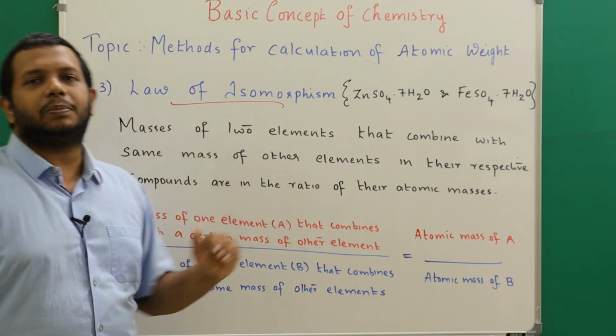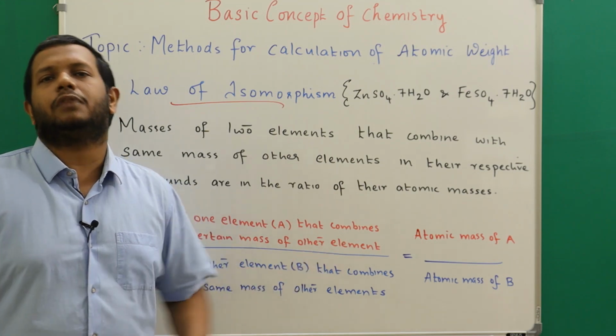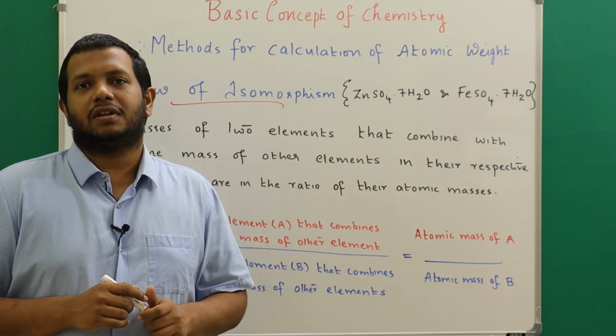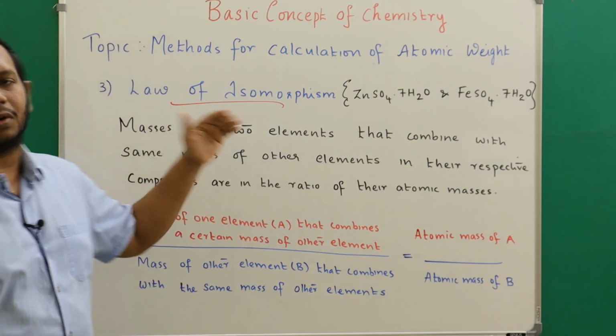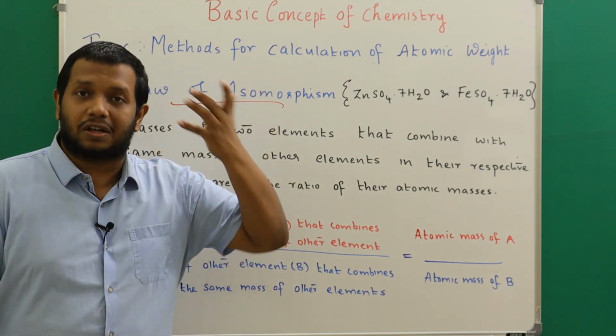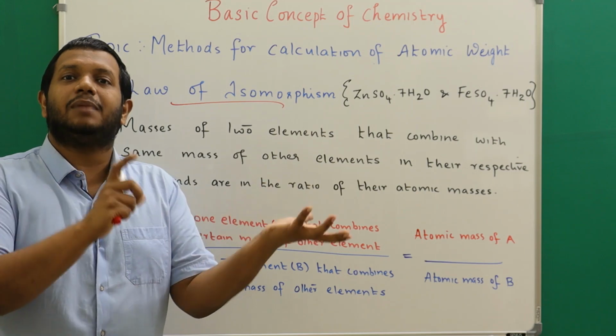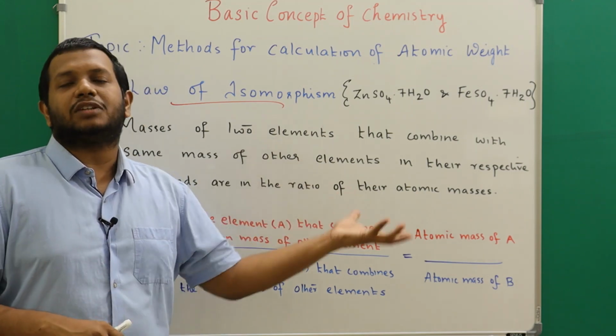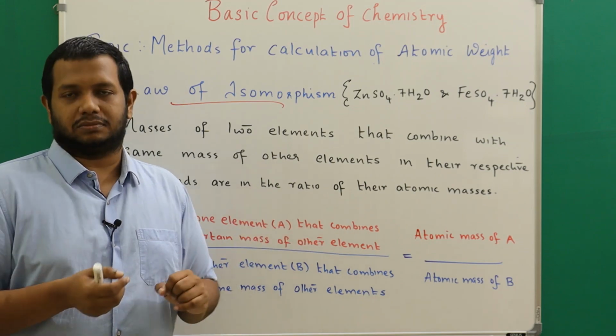Before going to the law of isomorphism, I will tell what isomorphic substances are. Isomorphous or isomorphic substances are those crystals which have the same shape and size, and that can grow in saturated solutions of each other.